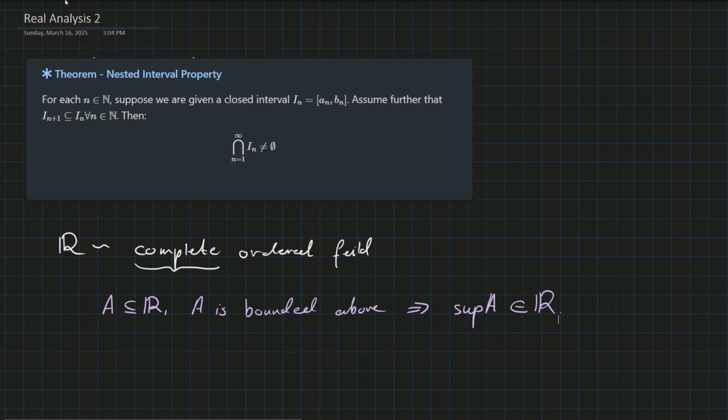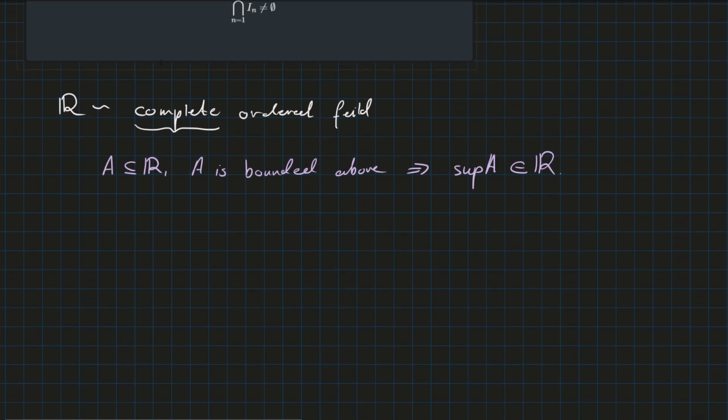And let's take a look at what it's even telling us. It's saying that if I have a sequence of nested intervals, I_n, which are closed intervals that are nested within each other. To give a picture, let's imagine we have our real number line, and we take a sequence of intervals.